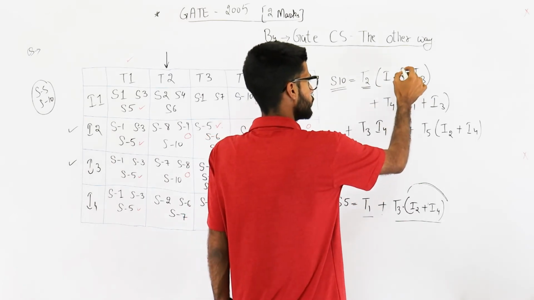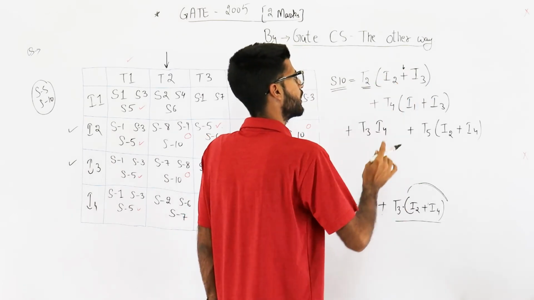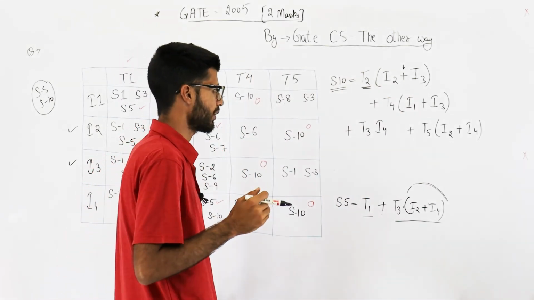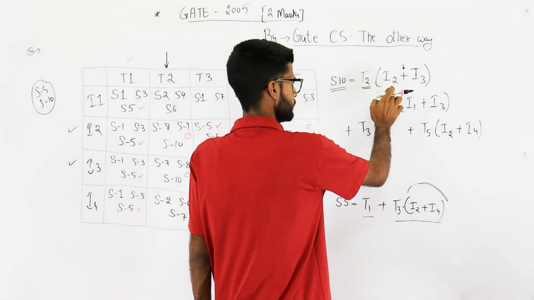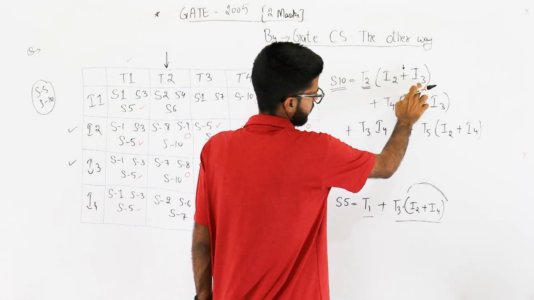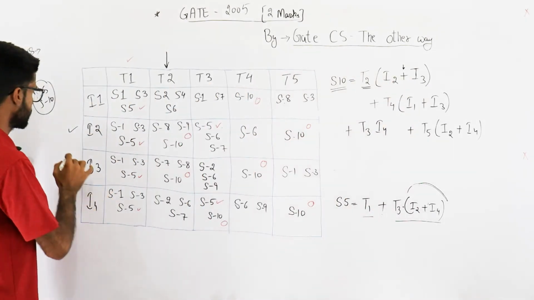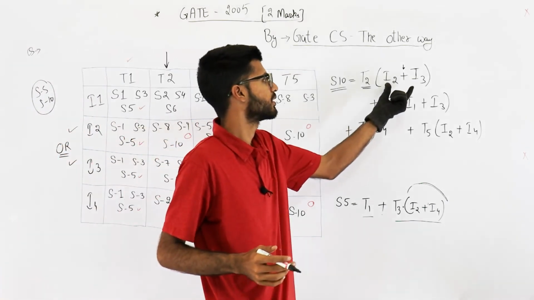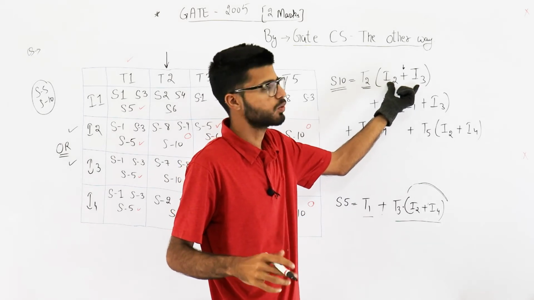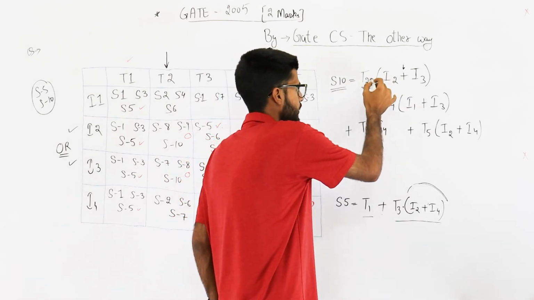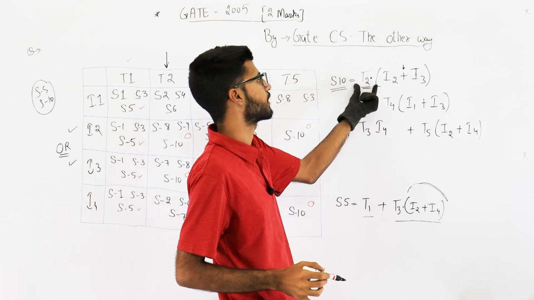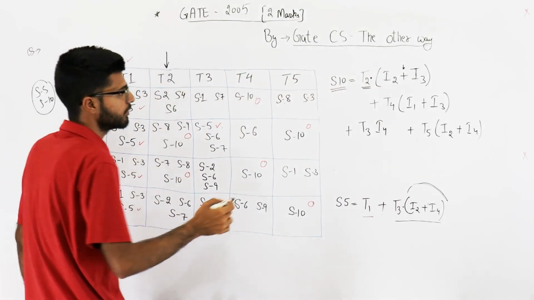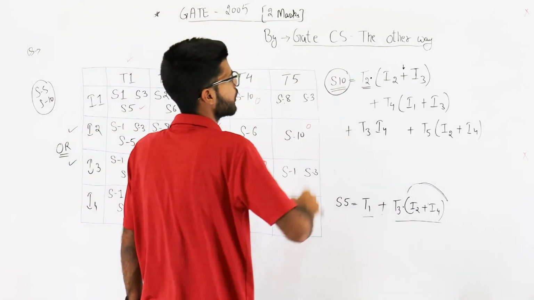We have used a plus here because we need to imply an OR gate, since what we are intending is if it's either I2 or I3. So we have OR between I2 and I3 because we are trying to say if it's any of these two, I2 or I3, and there is an AND here, and the clock cycle is cycle number 2, then we intend to generate this signal.